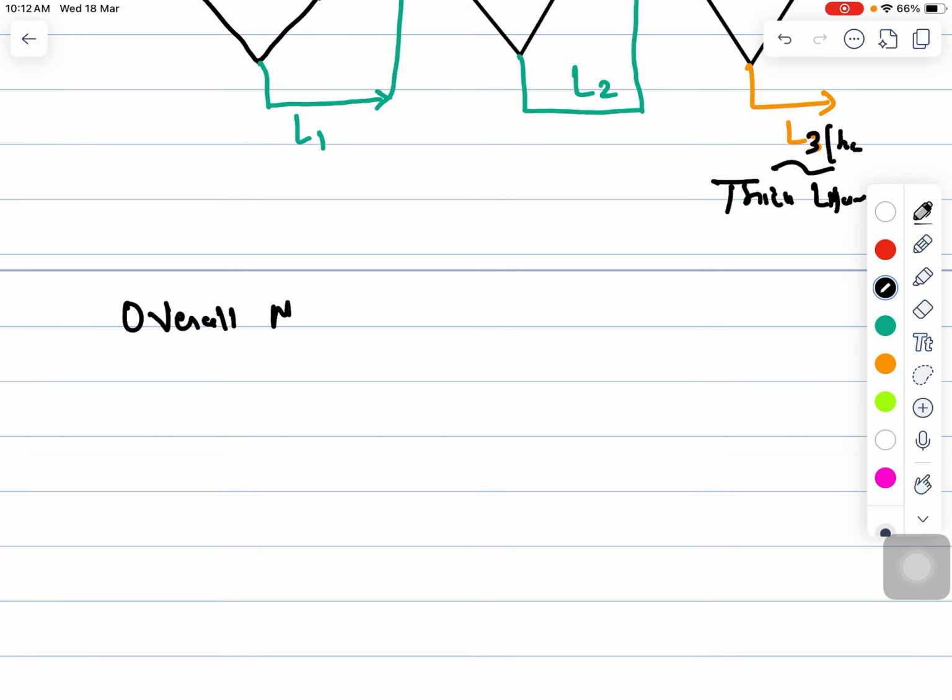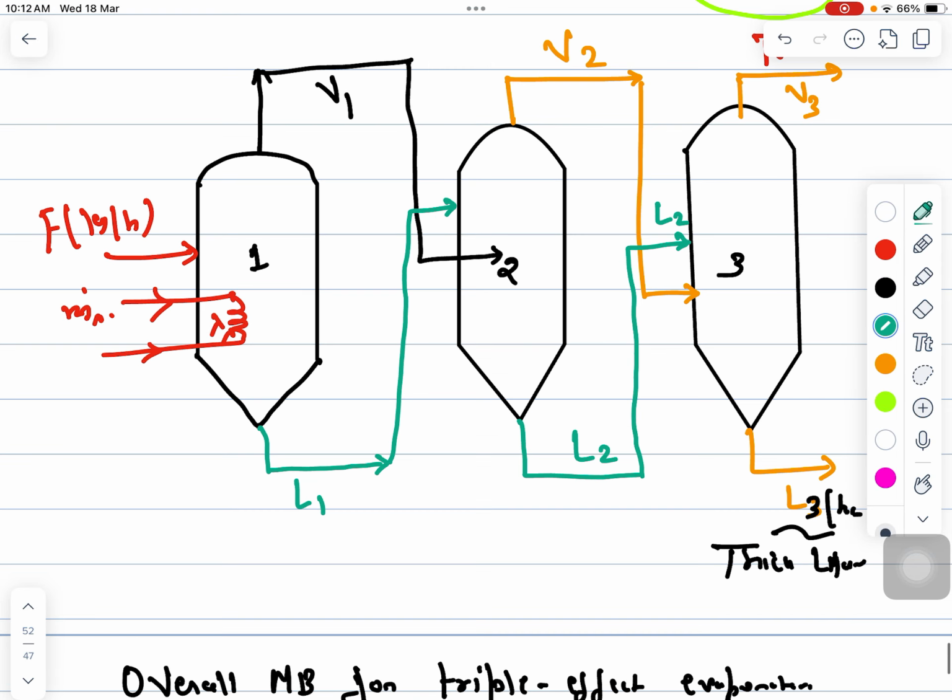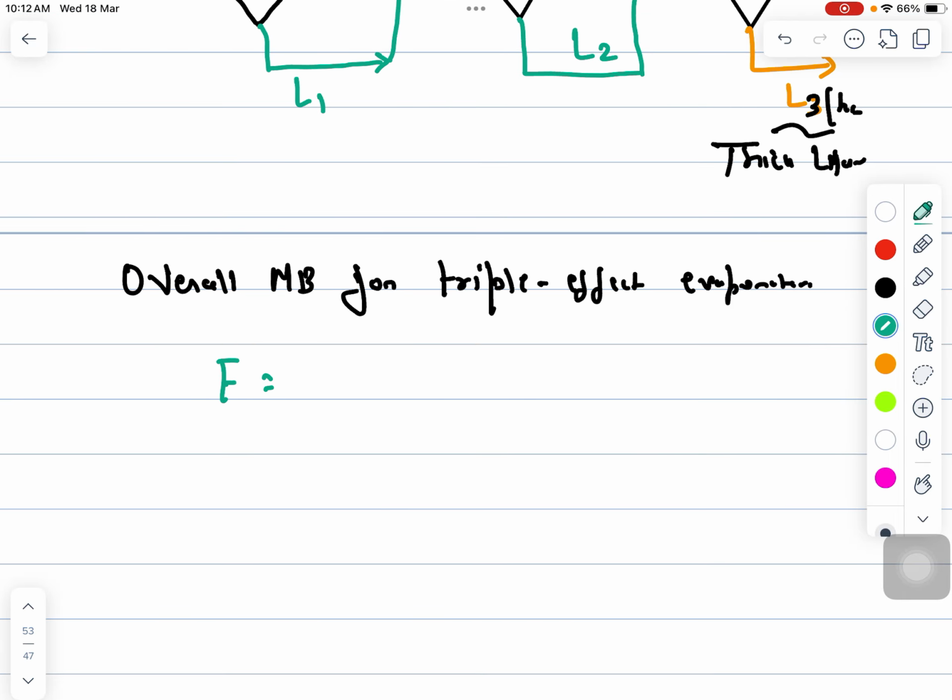Right? Only the material balance. So the amount of feed which is entering here, F, will be equal to V1 plus V2 plus V3. Is that clear? Because this is the outlet from the evaporator, right? So V1 plus V2 plus V3 plus obviously your L3, that is the last effect.